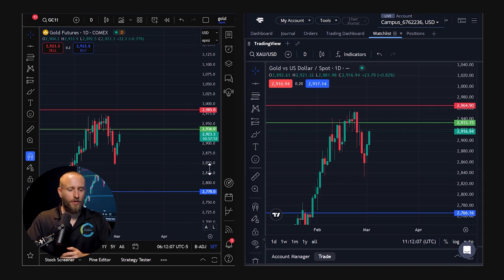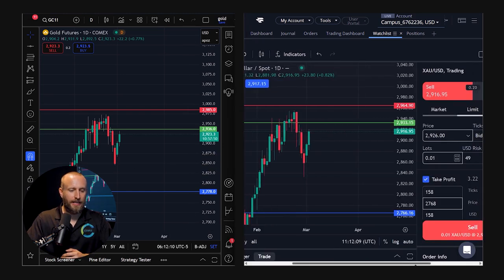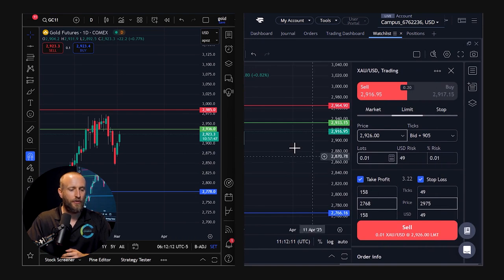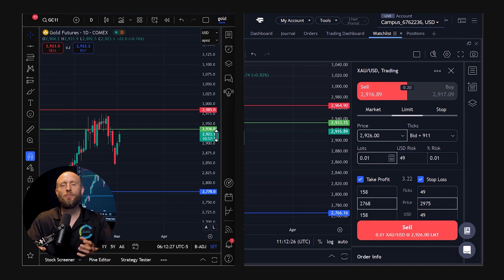To adjust your order, head over to the order bar in Campus Fund, and all you have to do is take the price levels from the futures chart and adjust them by the difference between these two charts. So in our case, roughly $10. As you can see, our entry will not be 2936, but it will be 2936 minus 10 points.